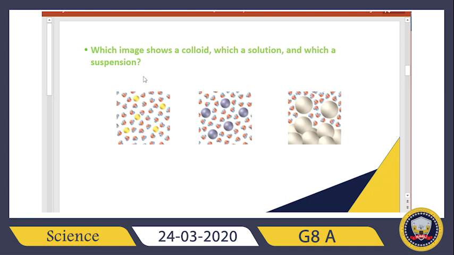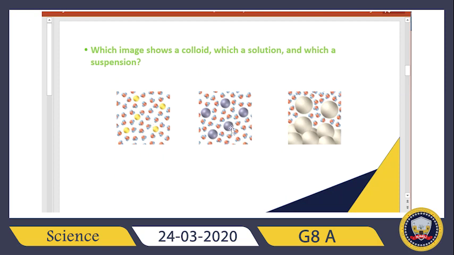The answer to this question is in these slides, but still I want to solve this with you. What we said is that in solutions the particles are so small and unified, and in colloids the particles are also unified, but they are bigger than in solutions. So when we compare these two, we can understand this is a solution and this is a colloid.